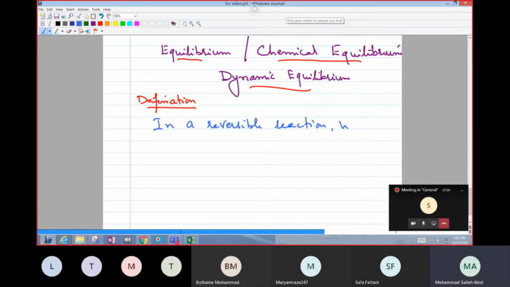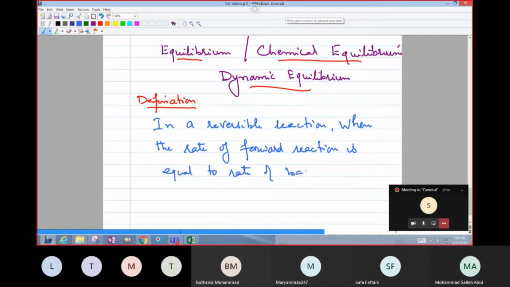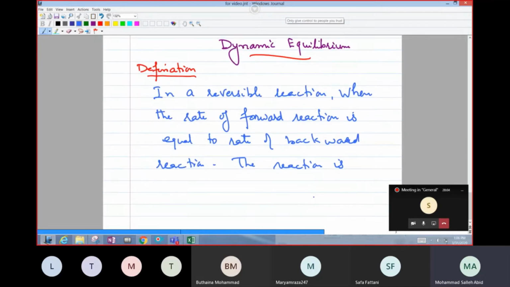In a reversible reaction, when the rate of forward reaction is equal to the rate of backward reaction, the reaction is said to be at equilibrium. Is this clear?